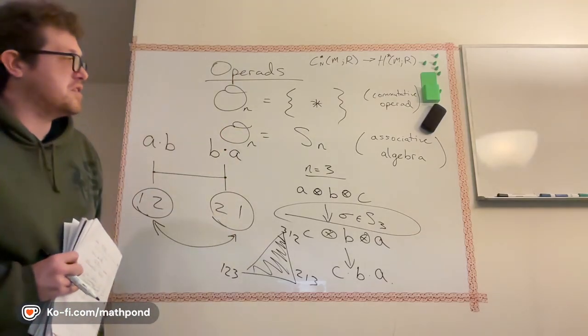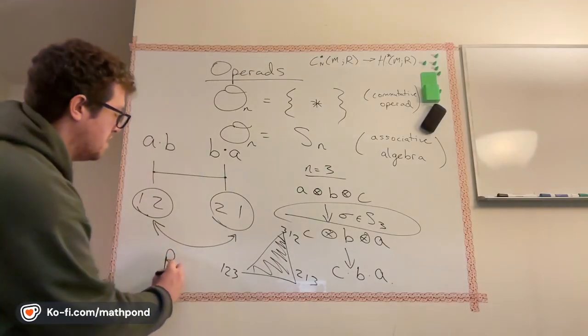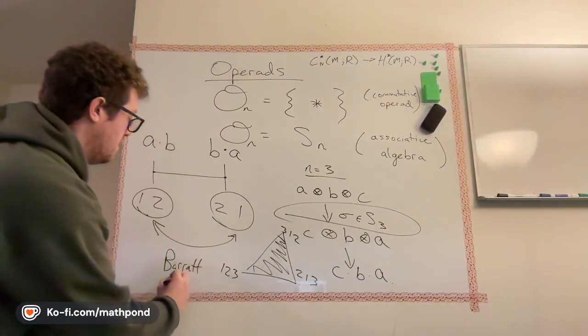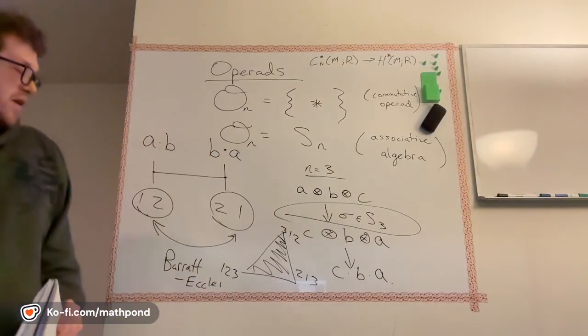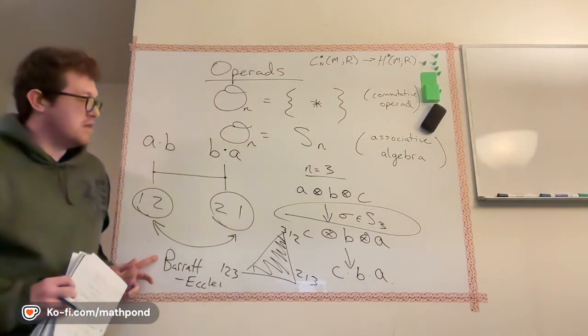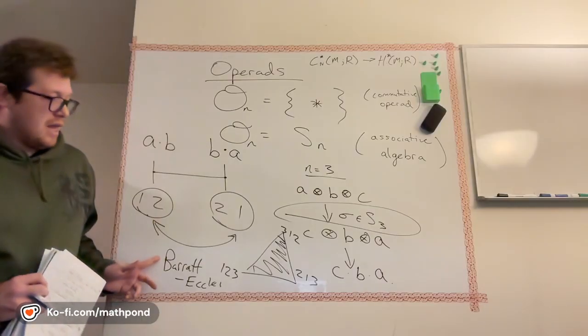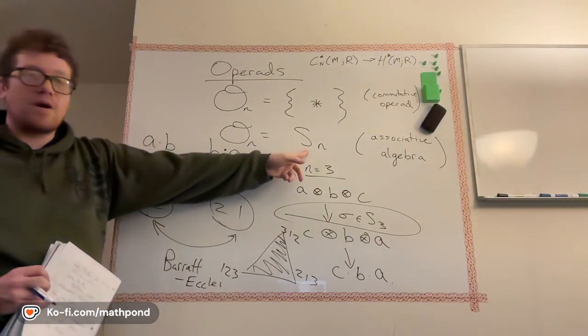and they call this the BE operad. So this is essentially we take the bar construction on Sn.